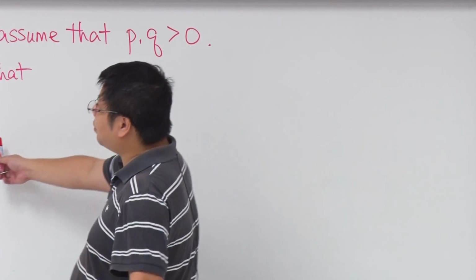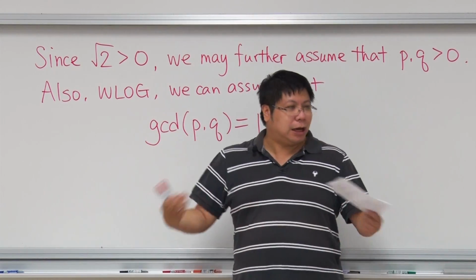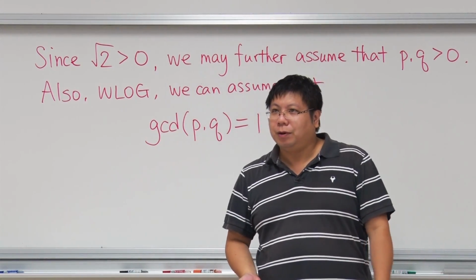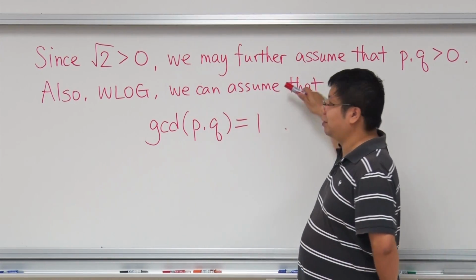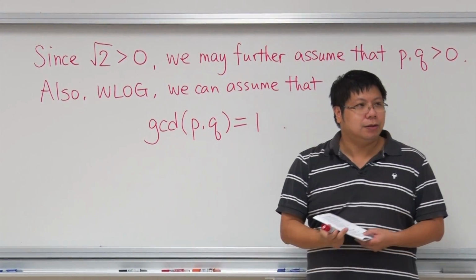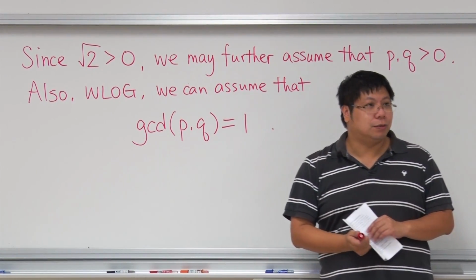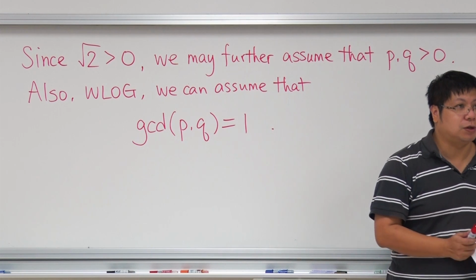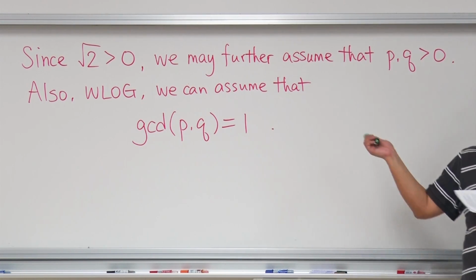Now, this is a strange thing. I'm saying that without loss of generality, we can generally choose p and q, but it's also okay that we make a further restriction that p and q do not have any common factor, the greatest common divisor being equal to 1. Why can I make this assumption?